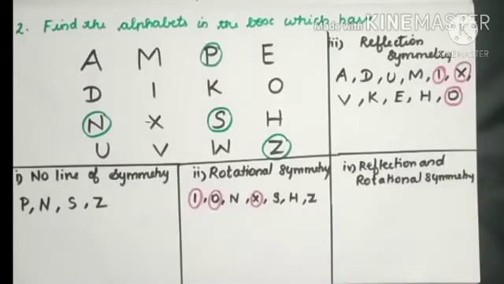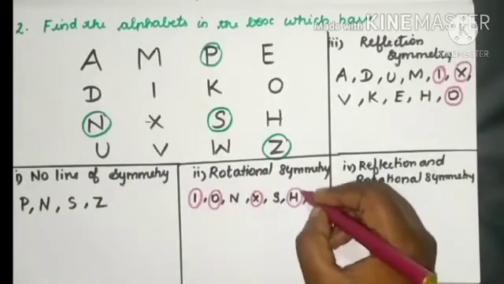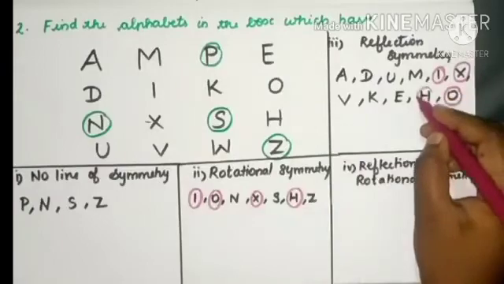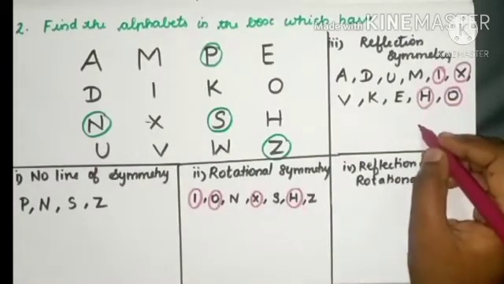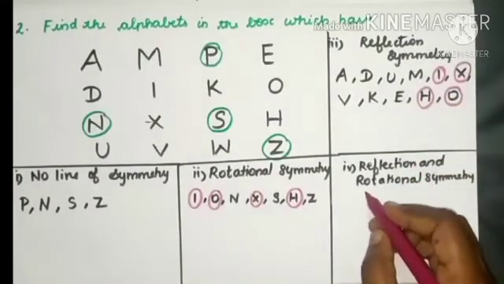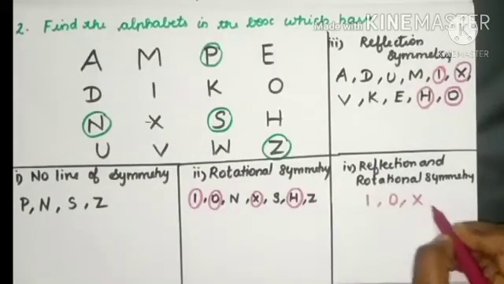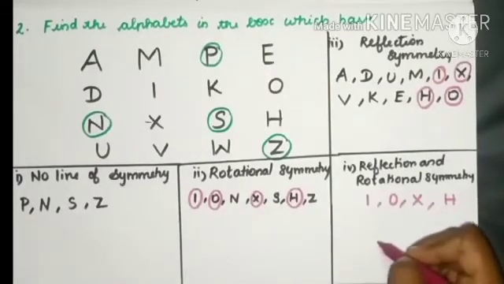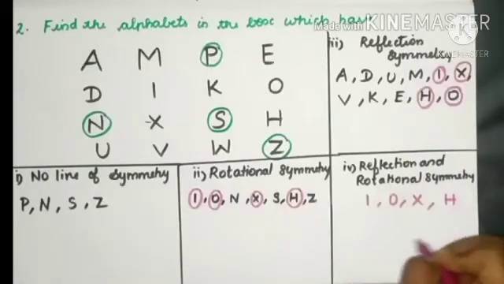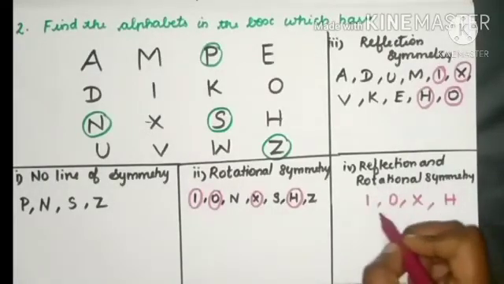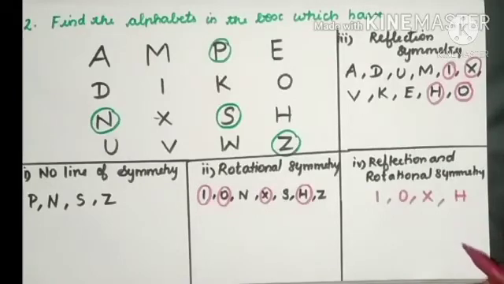At last, the letter H has both rotational and reflection symmetry. Therefore, the reflection and rotational symmetry are in the letters I, O, X and H. The alphabets which have reflection and rotational symmetries are I, O, X and H.